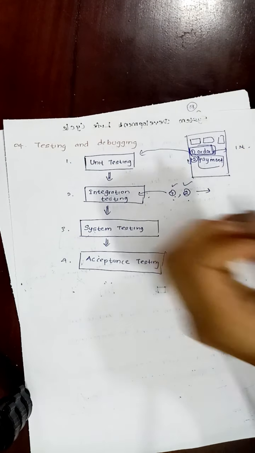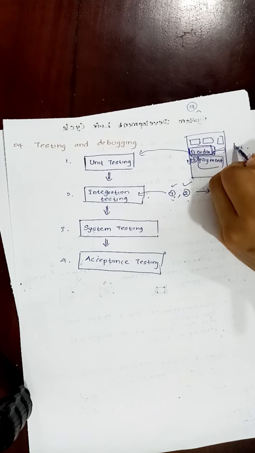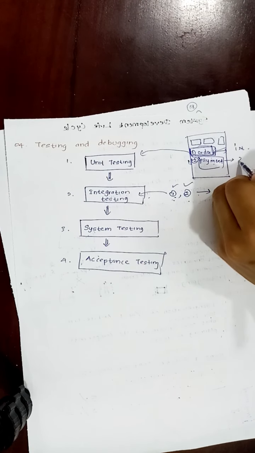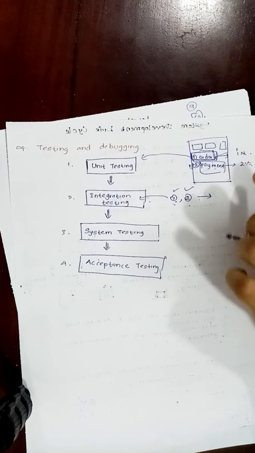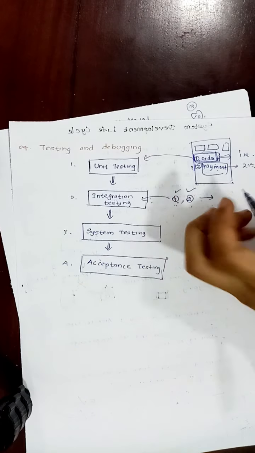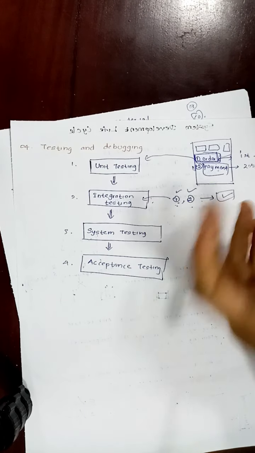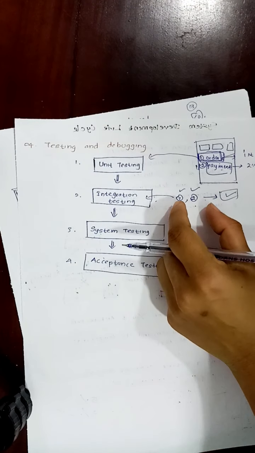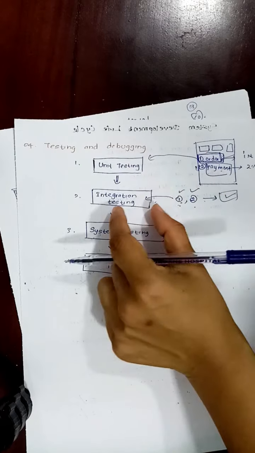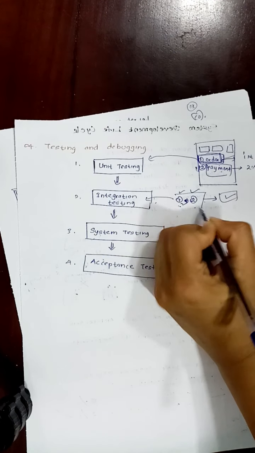That means you are giving one input to this order, and you are giving the payment 2 rupees or 3 rupees, like that. If these two are okay, then the functions are okay. Integration testing in the sense, you are going to test the functions together or combined.